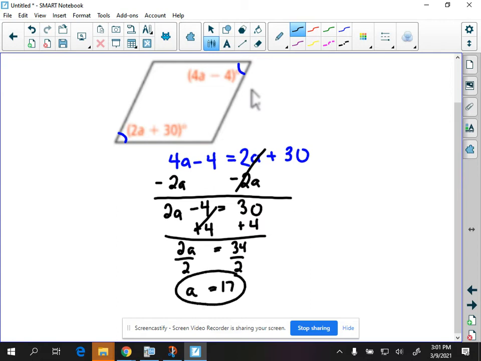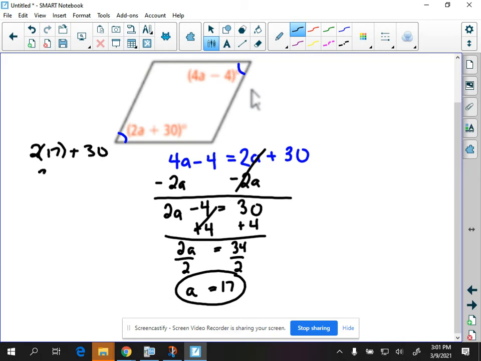All right, so a question like that, if I just have to figure out how big A is, it is 17. If I have a question that asks me to actually find the measure of the angle, then what I could do is take that 17 and plug it in place of the letter A, and then use that to figure out how big the angle is. So if A is 17, I'm going to replace the A with 17 in 2A plus 30.